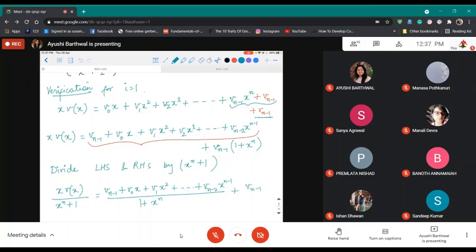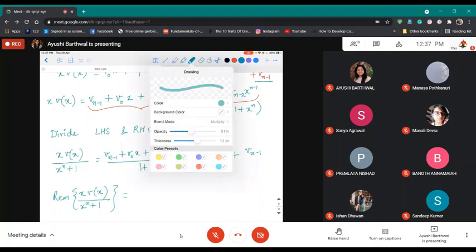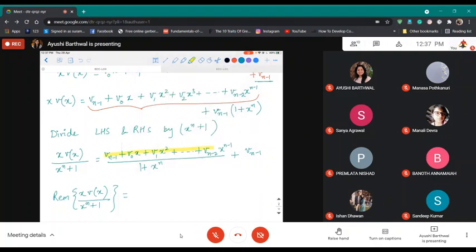So what is the remainder? If I take the remainder of the left hand side, the remainder term will be only the numerator portion of 1 plus x^n, because this term is the factor, if you remember fractions. And this is the remainder which lies in the numerator of 1 plus x raised to the power n.